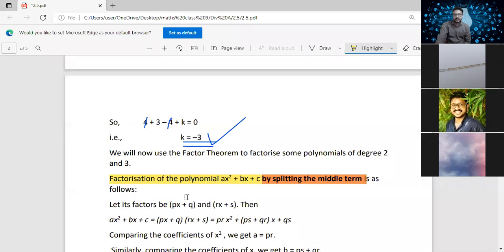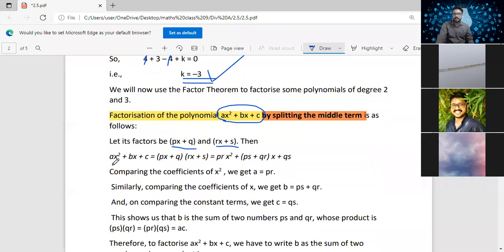We are assuming that the factors of this polynomial ax squared plus bx plus c are px plus q and rx plus s. So we can write ax squared plus bx plus c is equal to px plus q into rx plus s. And again, we are multiplying it.